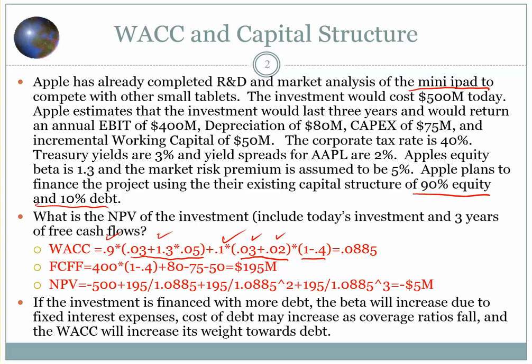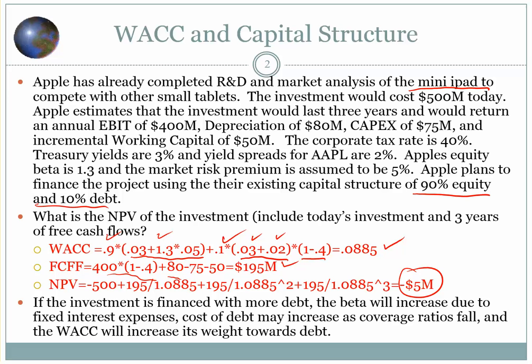And we subtracted the tax to get the weighted average cost of capital, 8.85%. The free cash flows in this example were the earnings after tax, adding back depreciation, subtracting both working capital changes and CapEx. And then we calculated the NPV, discounted at WACC, and got negative $5 million, so they should not do the project.